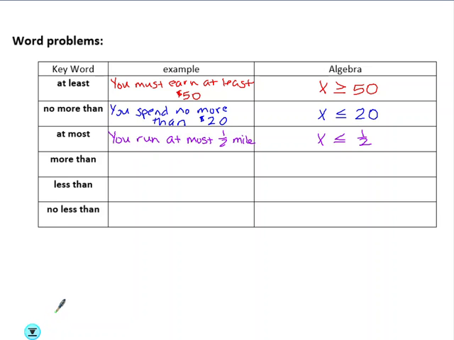Next, you have more than. So you could say you eat more than 4 cookies. More than is just another way of saying greater than, so we would have x is greater than 4.